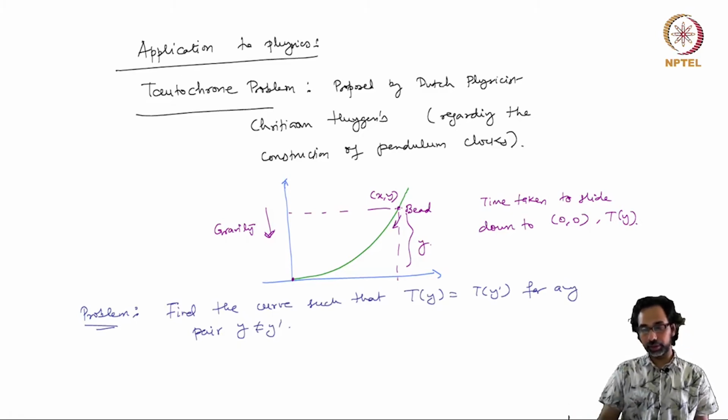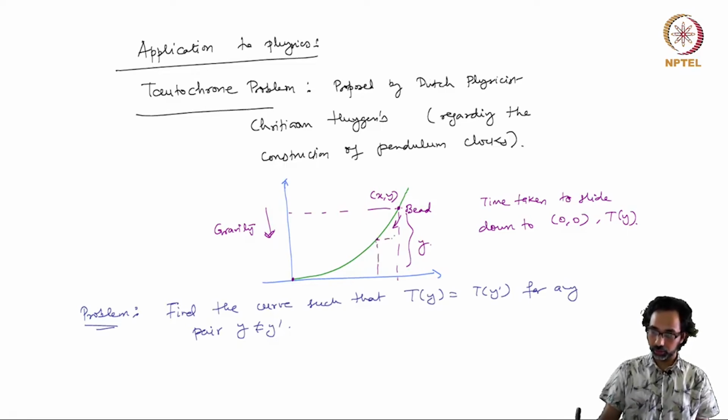This means that whether you let go of your bead from height y, or from height y', it will arrive at the same time. If they are released simultaneously, they will arrive at the same time at the origin. So this is the Tautochrone problem.